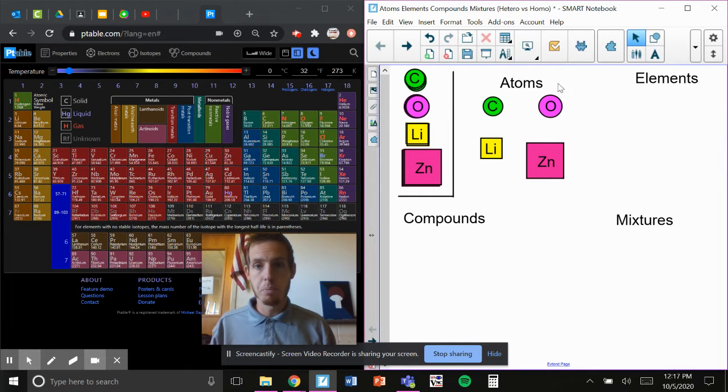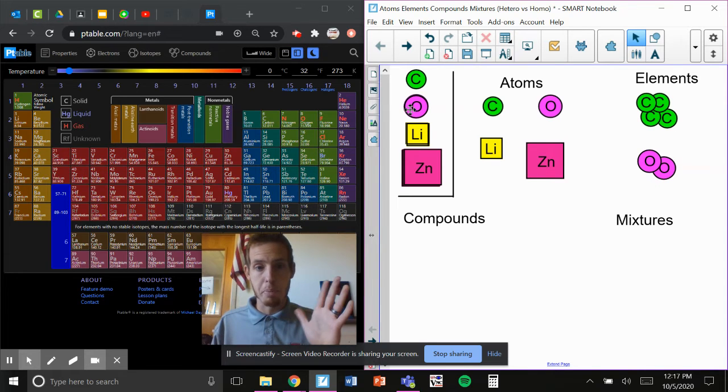Well, what brings all of this together for an element? An element is a combination of atoms that are all together but are the same atom. So, for example, if you have an element of carbon, it's not going to be one atom. It's going to be a bunch on top of each other. Or maybe oxygen.